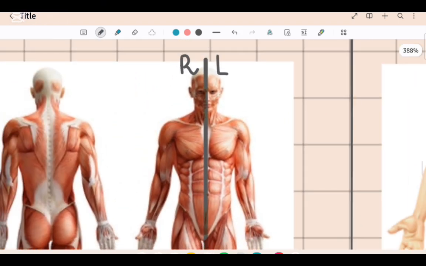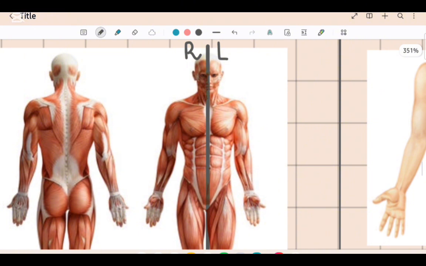So if you're talking about two parts of the body and both of these parts belong to the right side, that's called ipsilateral. Or both of the parts belong to the left side, that's also ipsilateral. But if you're talking about two parts, one belonging to the right side and another to the left side, then you are talking about two contralateral parts of the body.